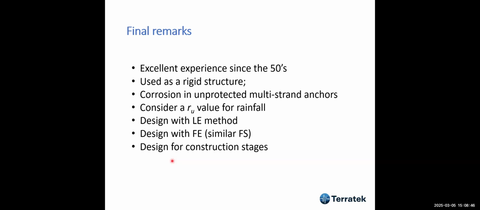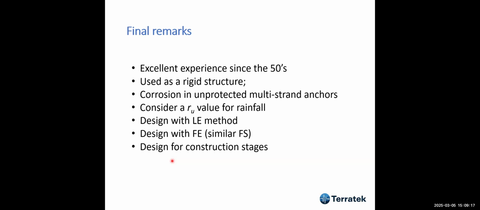From my experience back analyzing lots of failures, I usually take an RU value or pressure value of 0.2 to 0.3 in areas where we may have severe rainfall. Of course, it's not the case for Peru, the Toquepala wall, because they have only 3. But in areas where we can have severe rainfall, we have to take that into account.